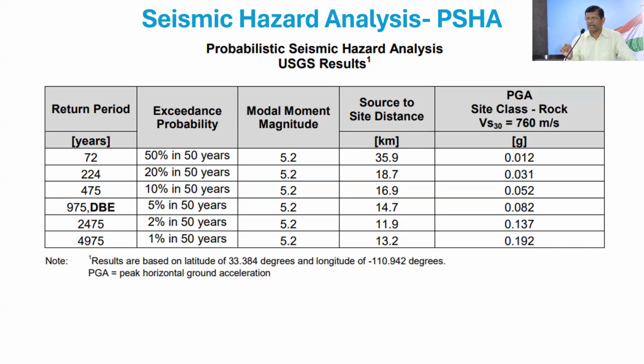In pseudostatic analysis, we use that PGA as our horizontal acceleration. We use it when we do the limit equilibrium model and come up with the factor of safety. Like yesterday we were discussing, for static, if there is no earthquake, the factor of safety is 1.5.